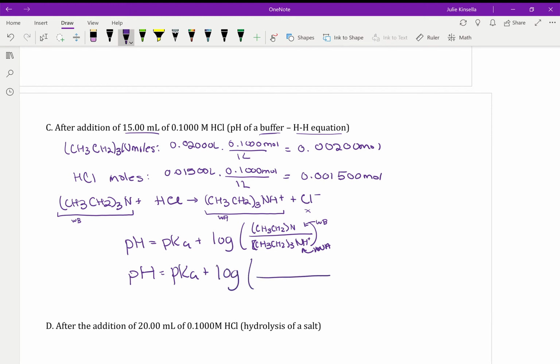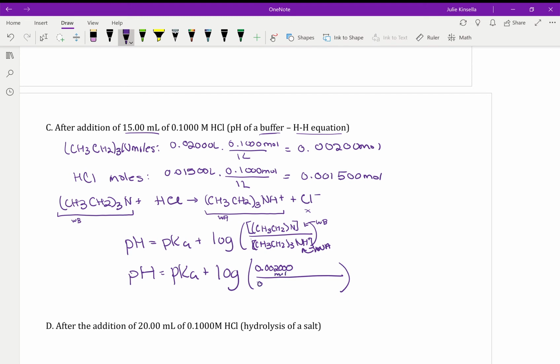So how I'm going to set this up without using the table is I know my initial concentration, and I'm going to do this in moles, just to simplify. Again, we've talked about before how volumes end up canceling out. So even though ideally you would want to use concentrations, and I should have put the brackets around these all the way through, we're going to use moles here. So my initial moles was 0.00200 mole.